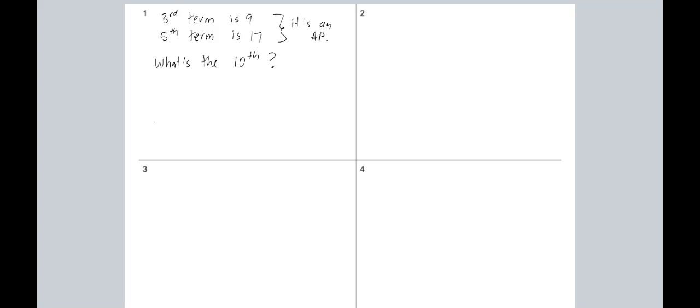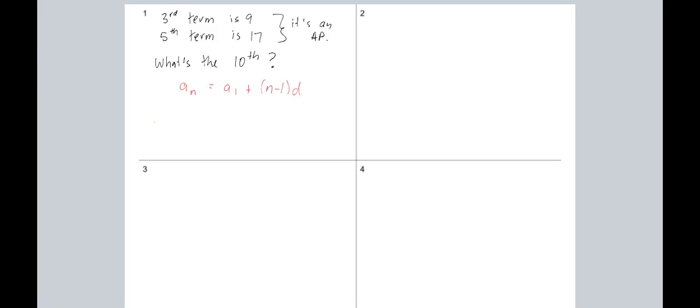We're going to use exactly the same logic for this one. So just to remind you, I'll put it in red so you can see it here, the general form of the formula is that the nth term is given by the first term plus n minus 1 multiplied by d. That's the general formula for an arithmetic progression.